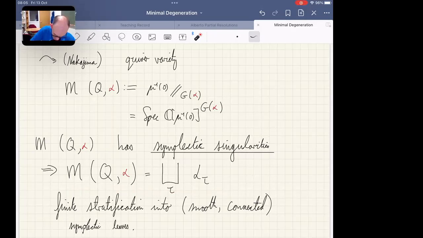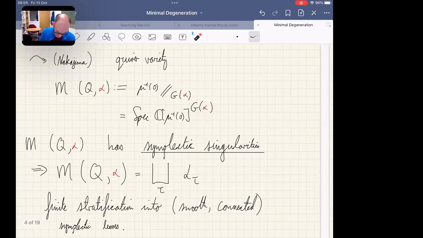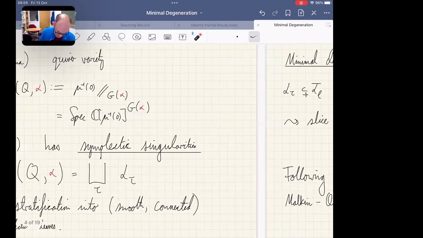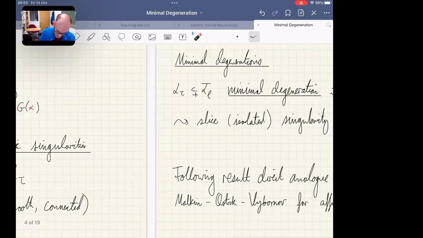And each of these symplectic leaves is smooth, connected, locally closed inside my quiver variety. Okay, and so what we want to do is somehow understand the relative singularities with respect to these symplectic leaves.